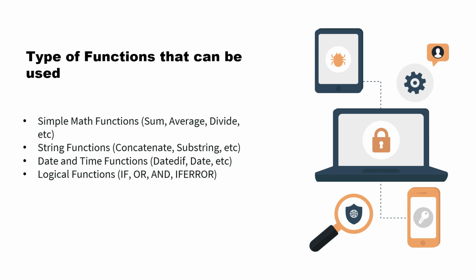And we have a couple of logical functions where we can calculate values based on if, or, and, if error. So these are all the operators and functions which will be utilized in creating a formula for the two columns, and we will see further how we can use them.